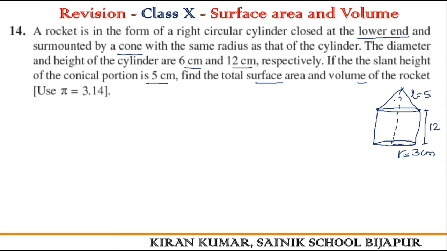Do we know the height of the cone? Height of the cone is not known to us, that we need to find. H will be a root of L square minus R square. L square is 5 square minus 3 square, 25 minus 9 is 16. So we get it as 4 centimeter.